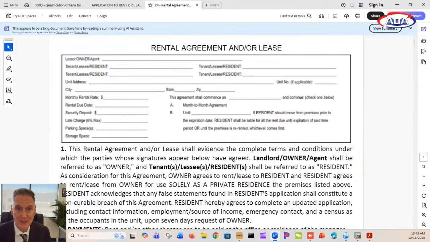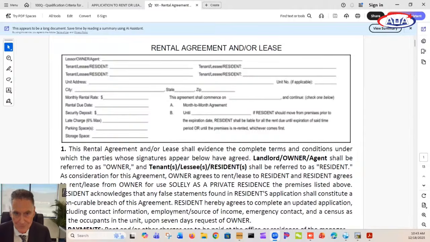So make sure that phrase is in your rental agreement. And all these things I'm talking about are really simple. Just get the AOA rental agreement, and then you're covered on all these important issues that are so important to have contained in your rental agreement.